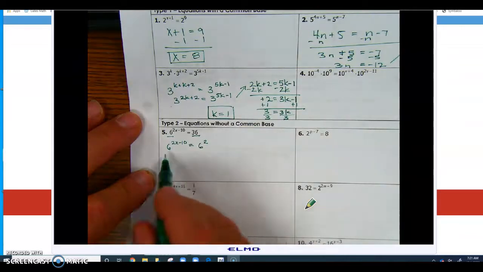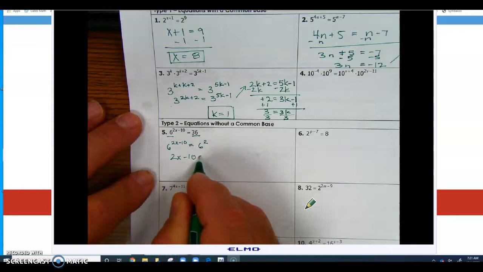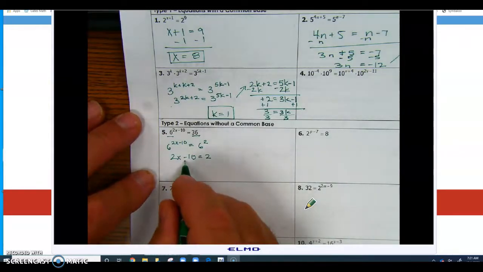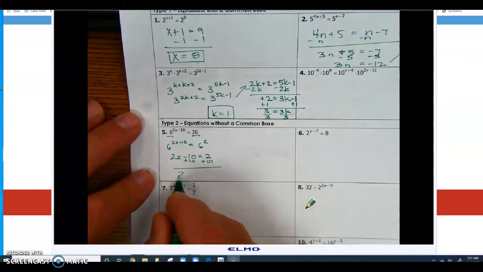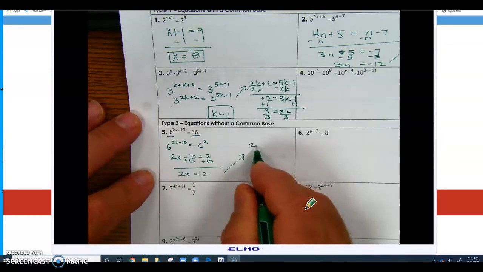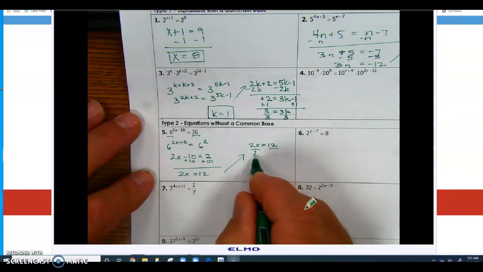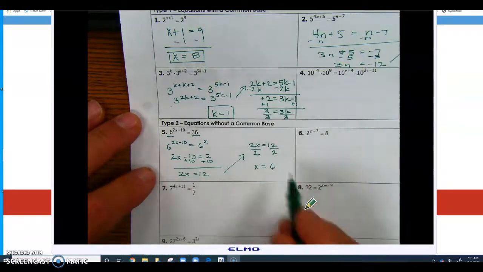So now I have a common base, and I can drop the base. 2x minus 10 equals 2. So then I add 10 to both sides. 2x equals 12. Divide both sides by what? If you were thinking 2, you're right. x equals 6.